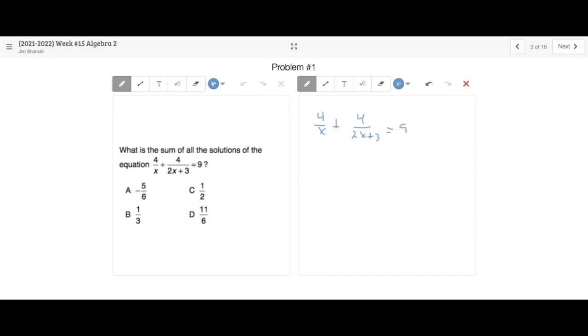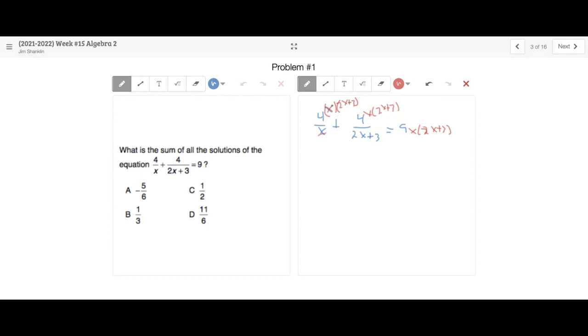Yeah, okay. x, 2x plus 3. Okay, so that is correct. So I'm going to multiply everything by x, 2x plus 3. I'm going to change my color here so we can see what I'm doing. x, 2x plus 3, x, 2x plus 3, x, 2x plus 3.